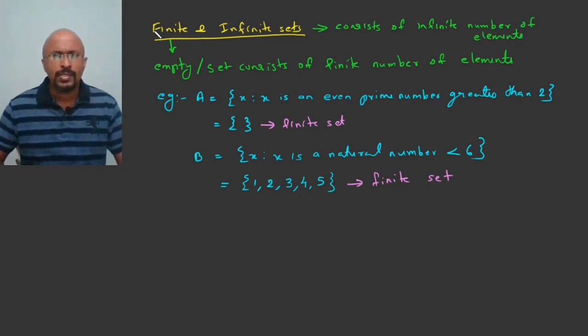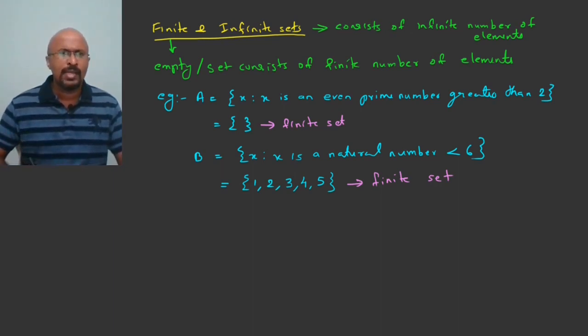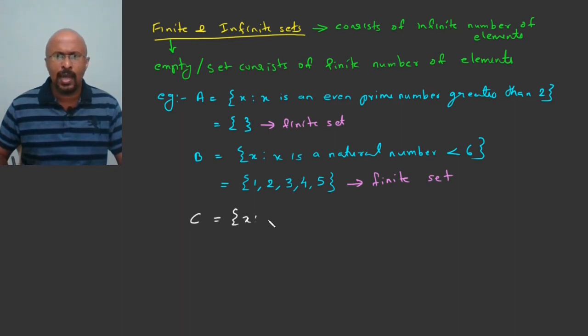That is, all sets that are not finite are infinite sets. So, an infinite set is a set that consists of an infinite number of elements. We can see an example here. Set C is equal to the set of all x such that x is a natural number.